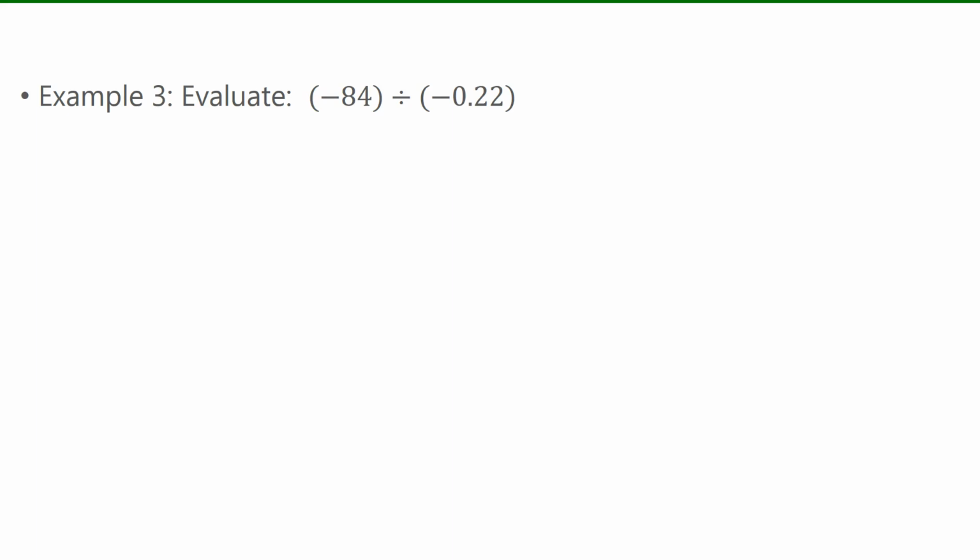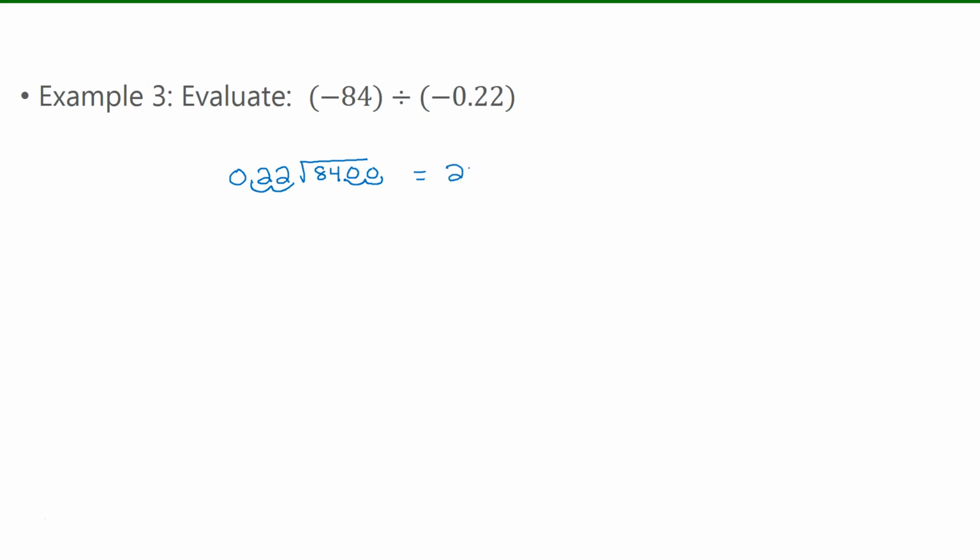Now, this last example, we have to divide negative 84 by negative 0.22. We have to move our decimal point in the divisor 2 places to the right this time. And here's the decimal on 84, moving that 2 places. I have to fill up these spaces with zeros.